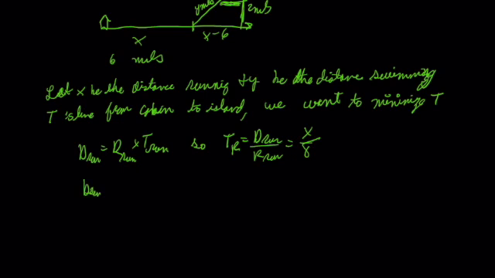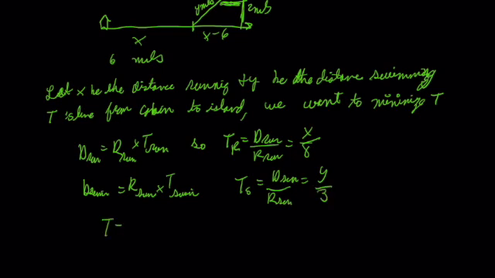And my distance swim is going to be my rate swim times my time swim. So my time swimming is going to be my distance swim, which is y, over my rate of swimming, which is 3. So T equals x divided by 8 plus y divided by 3, right? That's going to be our total time. That's what we're trying to minimize.